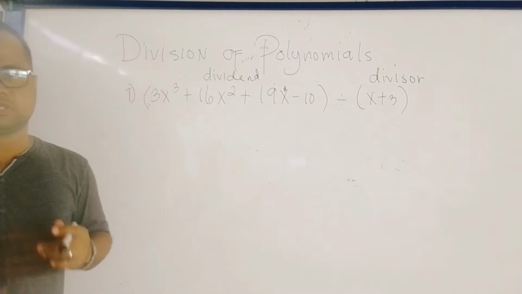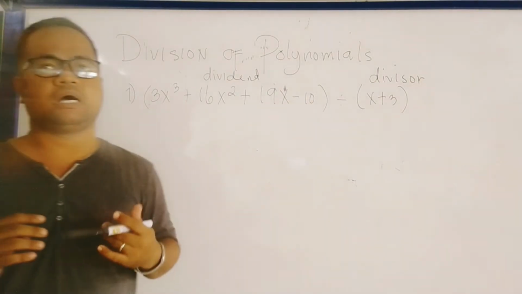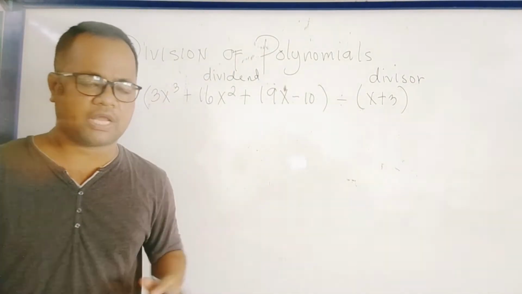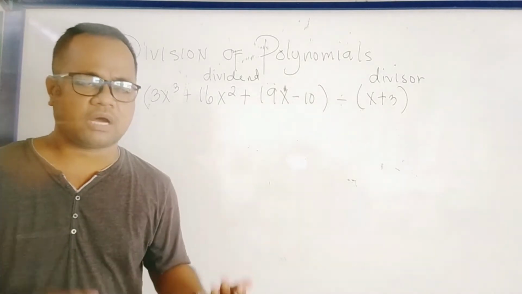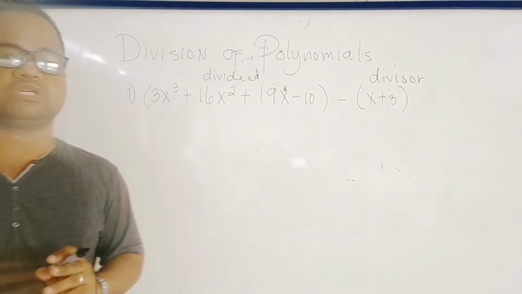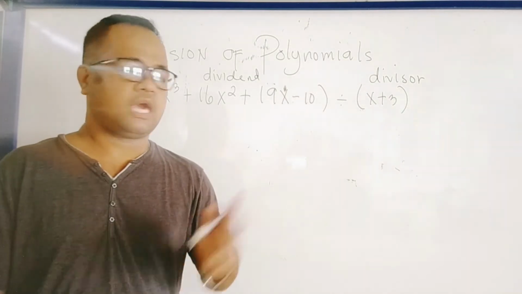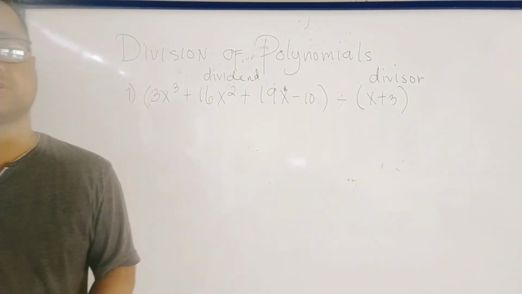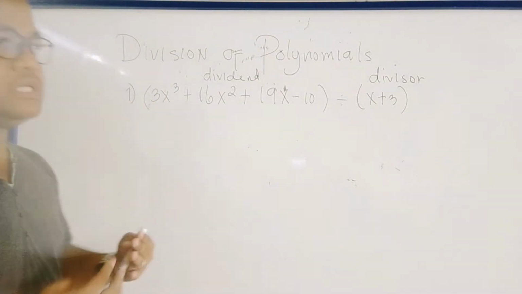Just like what we have learned during your elementary, that in dividing whole numbers, you have to put the dividend inside the division symbol, and outside we have the divisor. So we will do the same.